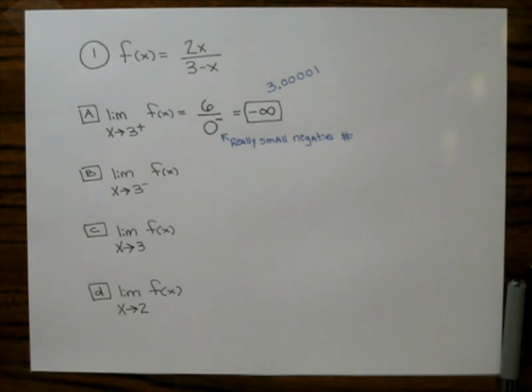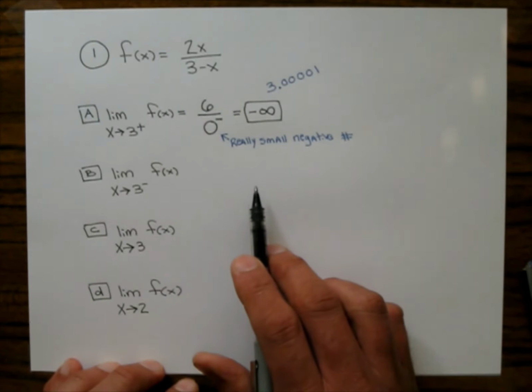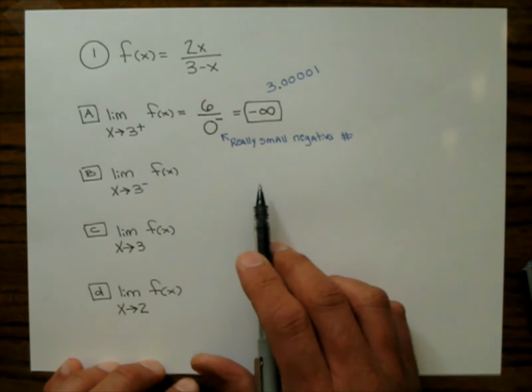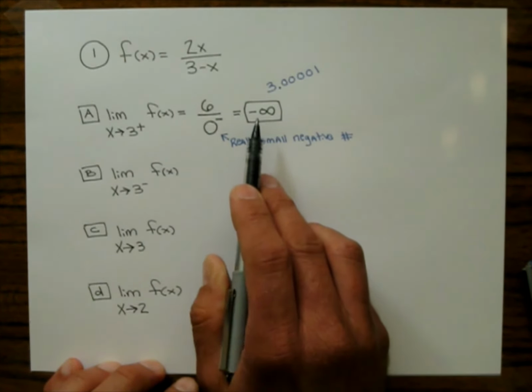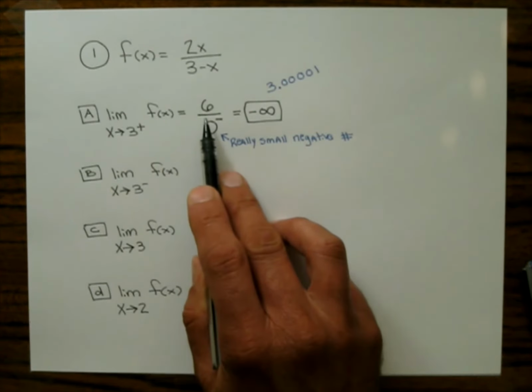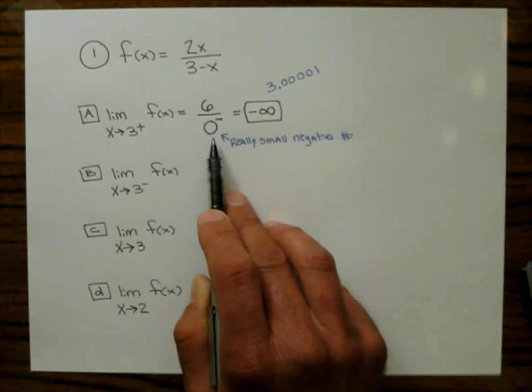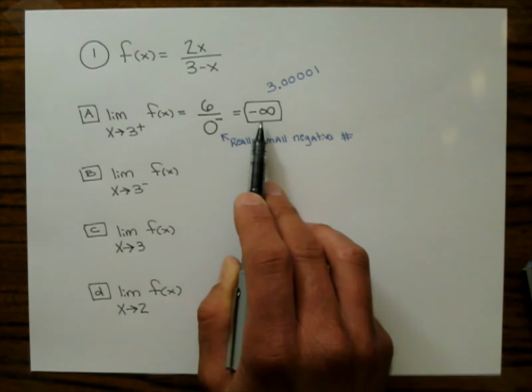I could have put negative 0.0000000000001 there and gone 6 divided by that, and it would be an even bigger magnitude negative number, like negative 6 million. So this tells me when I have a number over a really small negative number, and this number is pretty much fixed, this is going to negative infinity.